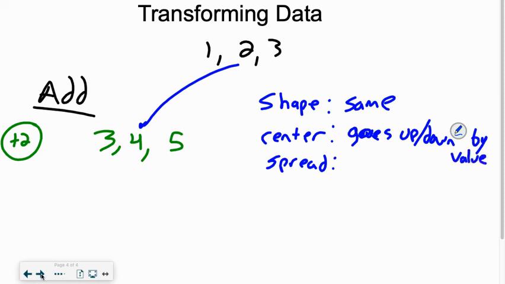So it's going to go down by whatever value you add or subtract to the data set. Now the spread, originally the range 3 minus 1 is 2. If we look at the range here, it's still 5 minus 3, 2. So the spread also remains the same. So if you take an original data set and add a number to it, shape stays the same, the center will go up or down by whatever the value is, and the spread will remain the same.